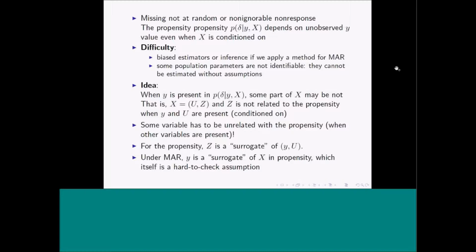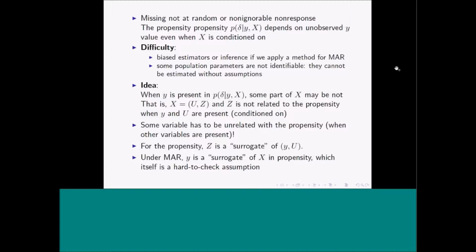It's not like the ignorable situation, where if the distribution is originally identifiable, then with ignorable missing, the distribution is still identifiable. But in the non-ignorable situation, we cannot estimate some of the parameters if there's no further assumption.